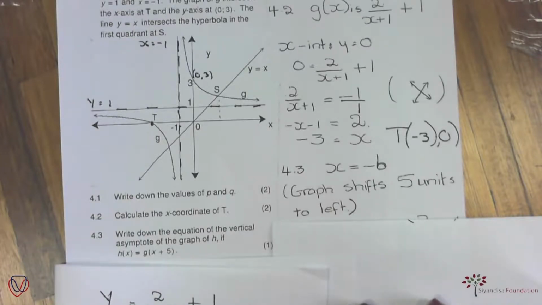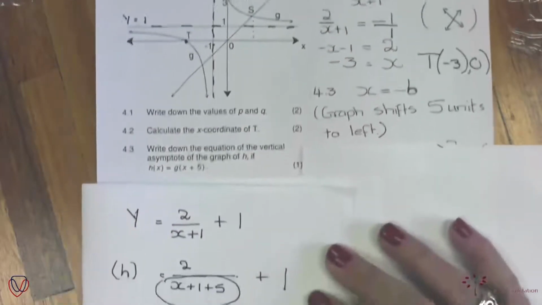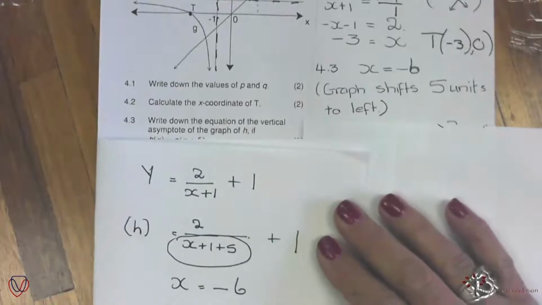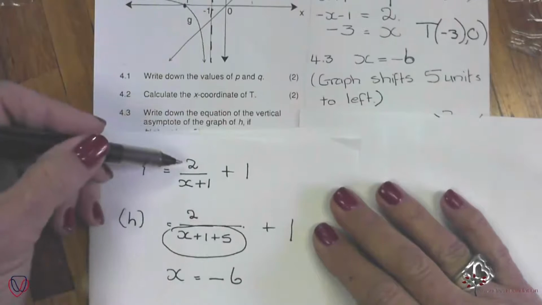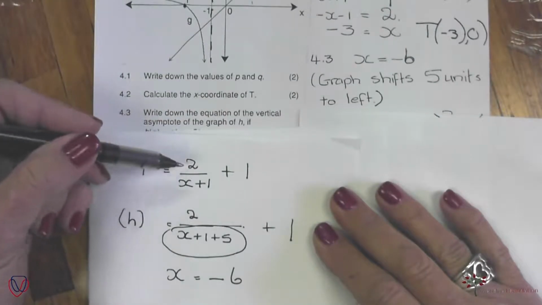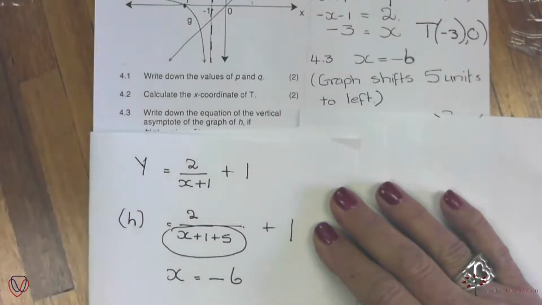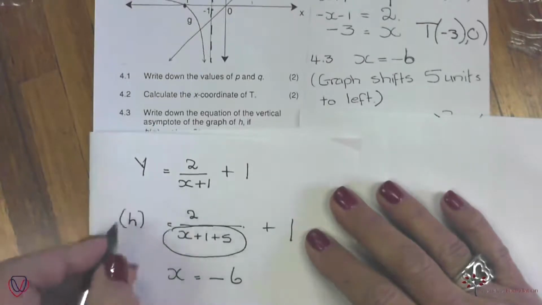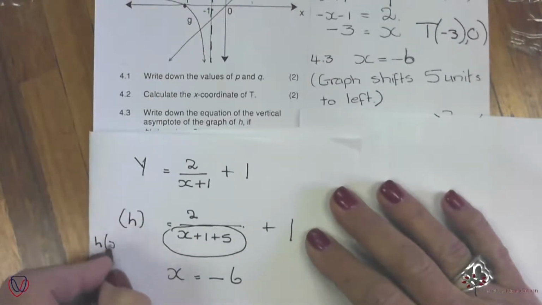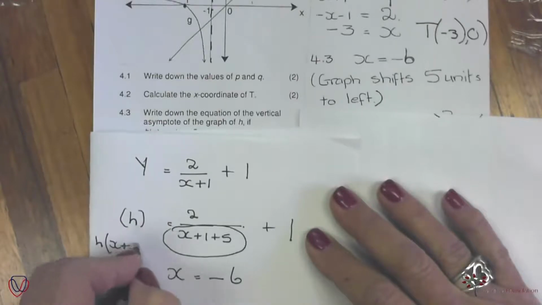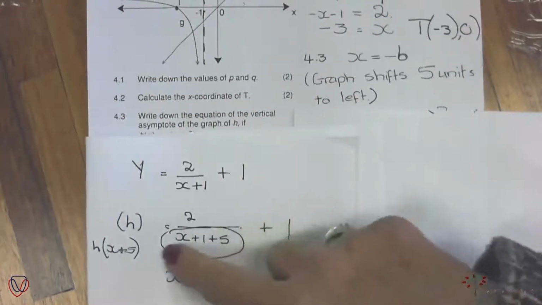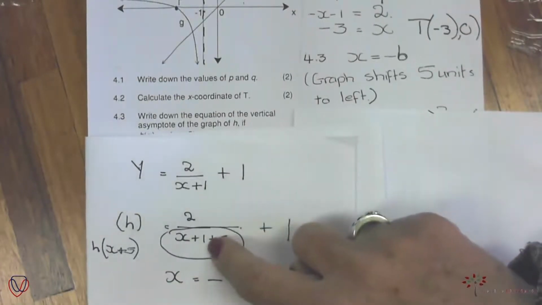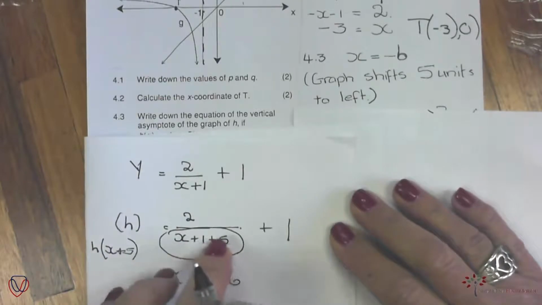X is negative 6. And I wrote everything there and I did not show you that. Let's quickly recap. That is the original equation of the hyperbola. They said h is g(x) plus 5, the new graph. So what did they do? They bothered with the x. X plus 5, but we've already got a 1 there. So this becomes x plus 6.